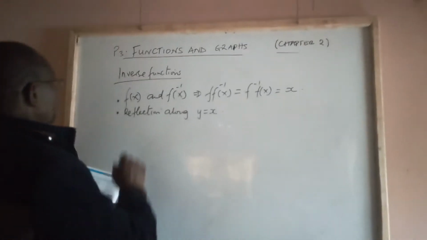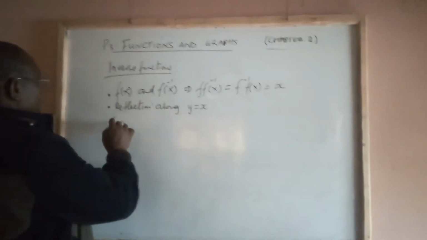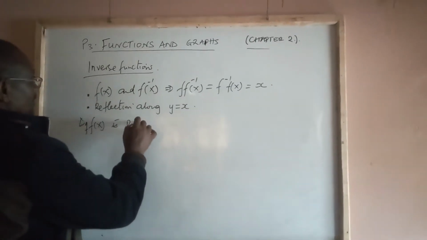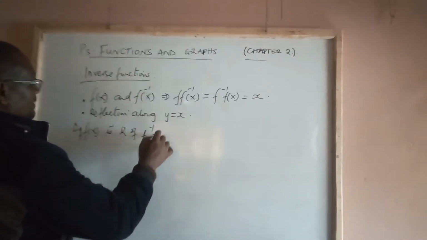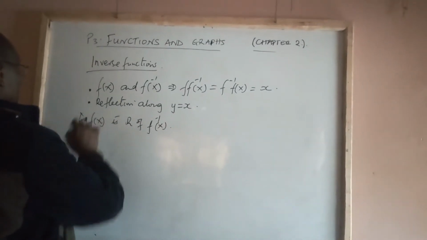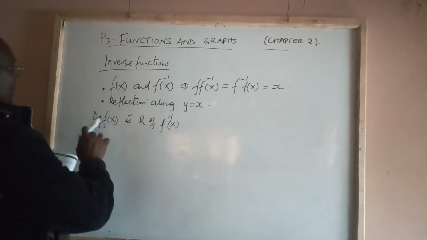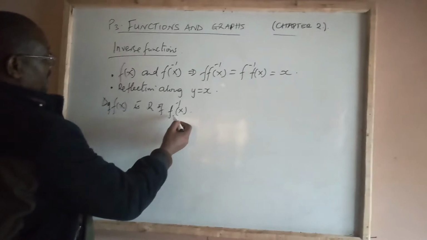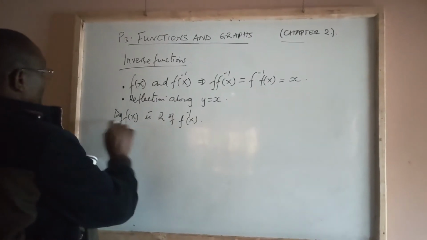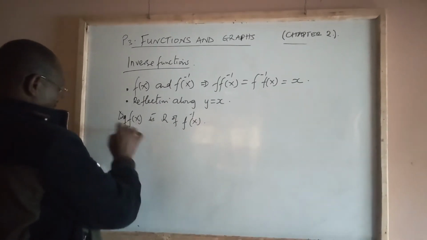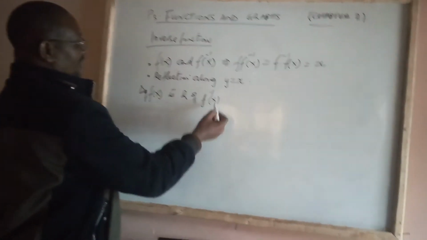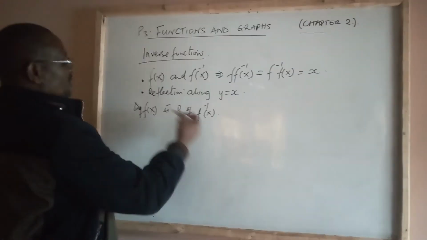The domain of f(x) is the range of f⁻¹(x). In other words, the domain of f(x) is the range of f⁻¹(x), meaning that whatever we started from, x for that matter, is what f⁻¹(x) will give us.